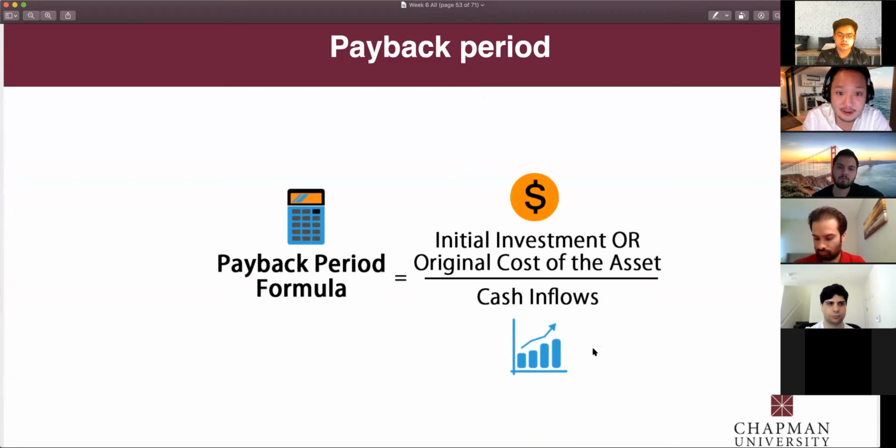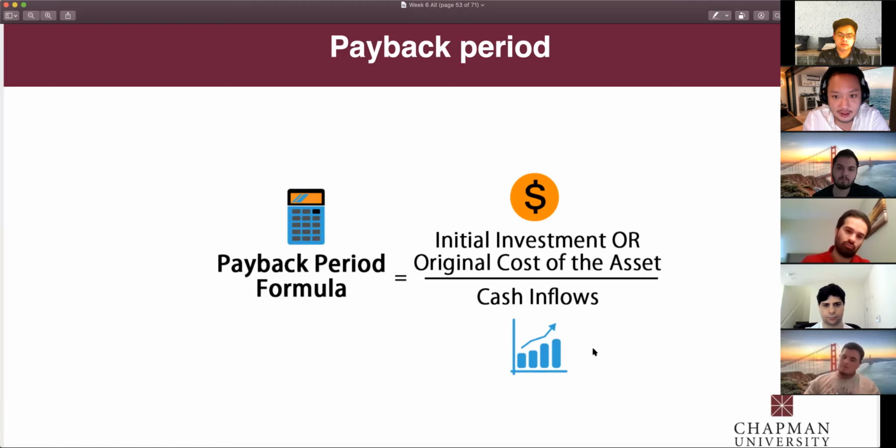If I tell them it's going to cost $5,000, the customer's going to ask, when are we going to break even? If the software costs $5,000 and you're going to make about $1,000 each month, then the payback period would be 5 months, right?